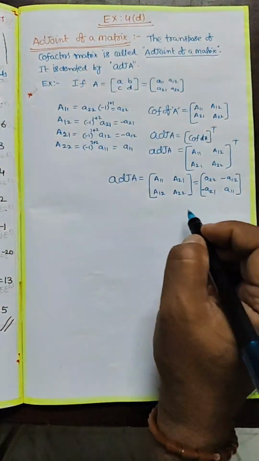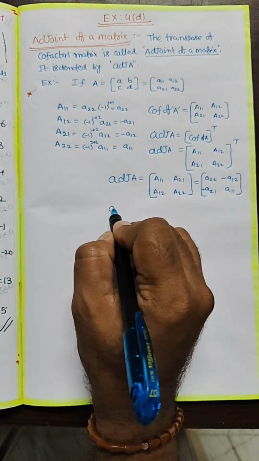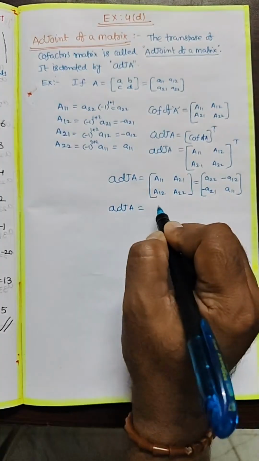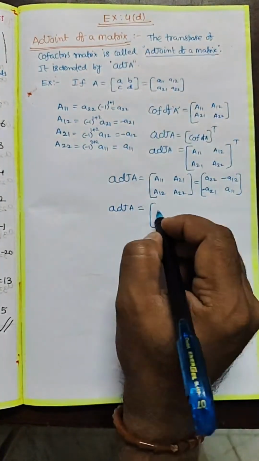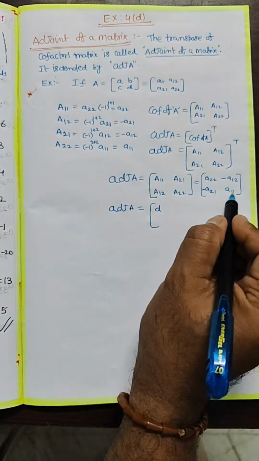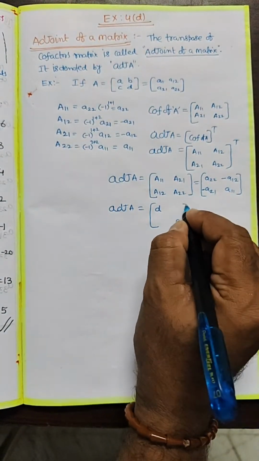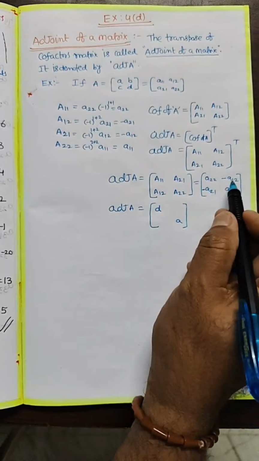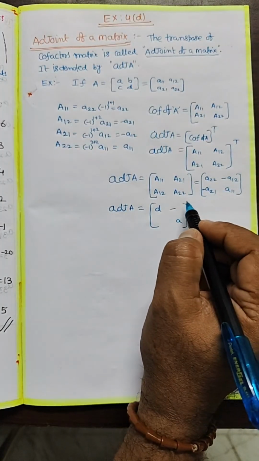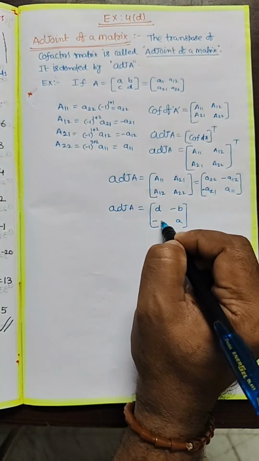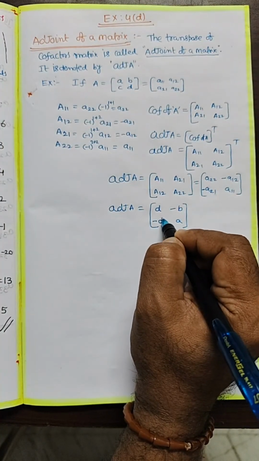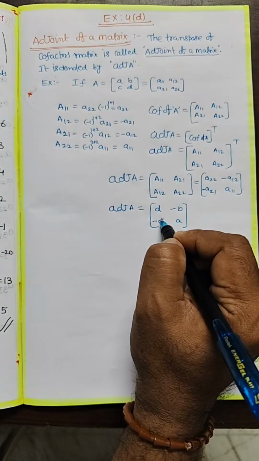So adjoint of A equals: A22 value is d, A11 value is a, minus A12 value, which is b, minus A21 value, which is c, dear students.